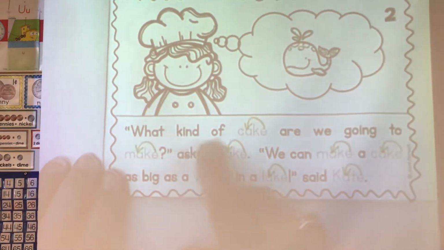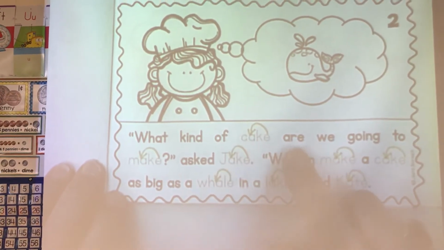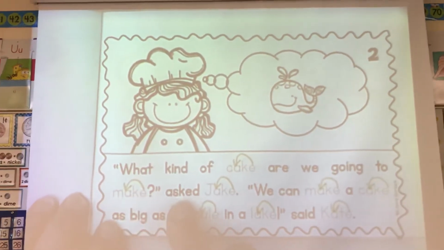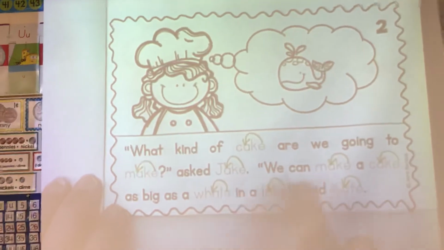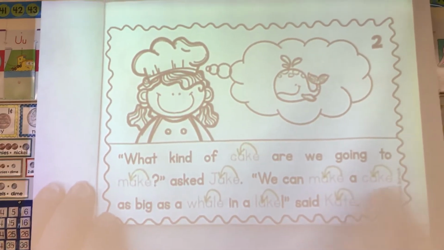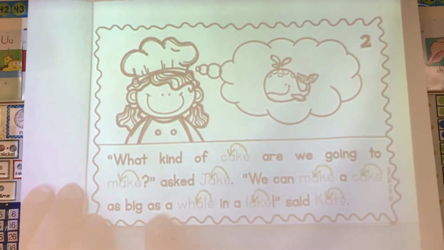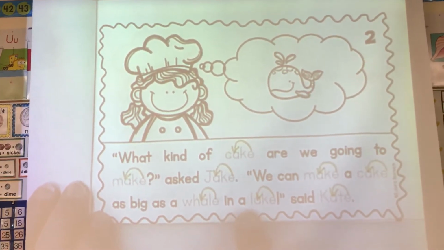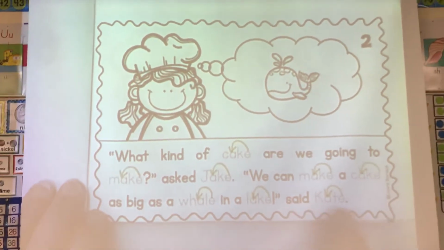What kind of cake are we going to make? Asked Jake. We can make a cake as big as a whale in a lake, said Kate.